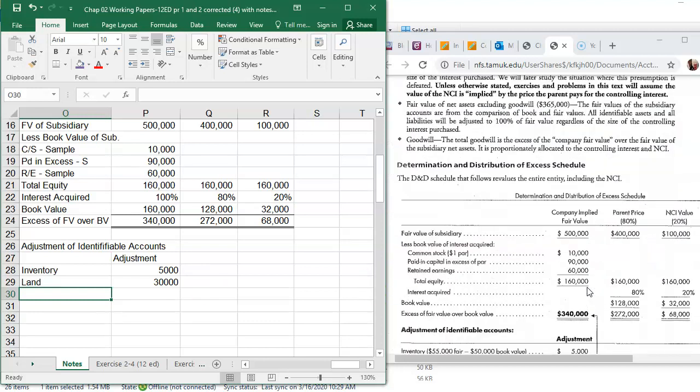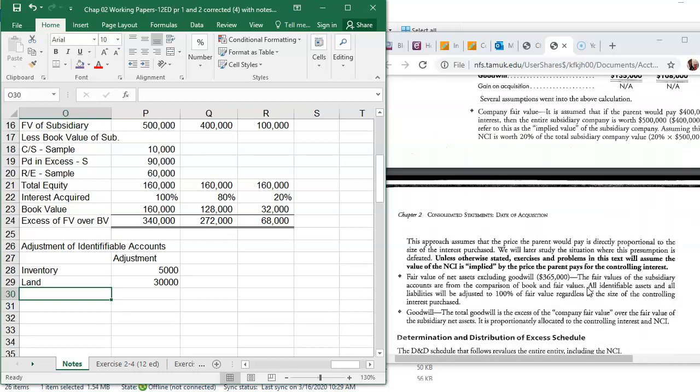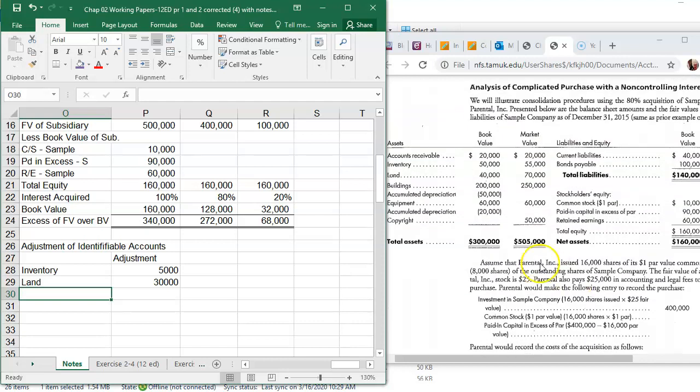Let's go see what they did. I can just do the 50. Oh, no, I have to do the 100. Okay, here's what I'm looking at. Buildings was 200 with 50 of accumulated, so their net value was 150, and now their value is 250.